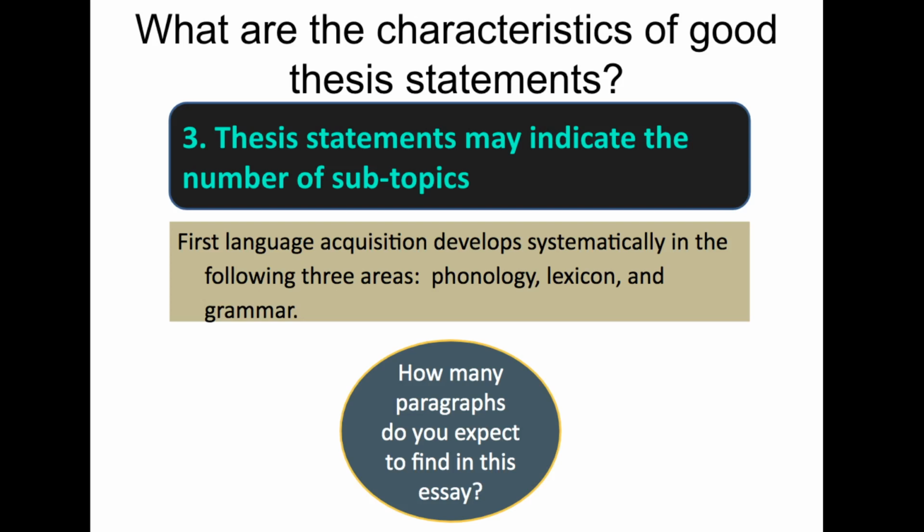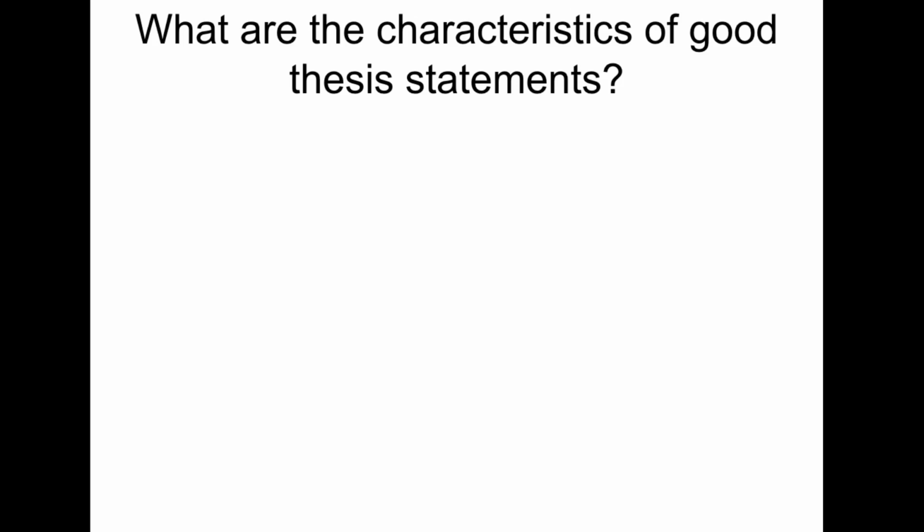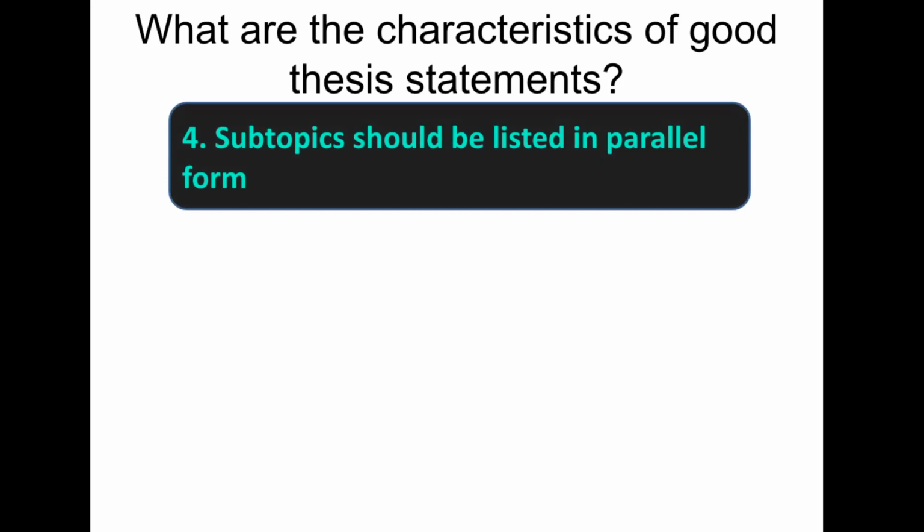And number three, grammar. So subtopics may be listed, or in fact should be listed, in parallel form. So we remember parallel form, noun, noun, noun, or gerund, gerund, gerund, or verb, verb, verb, whatever it is. It kind of doesn't matter which it is, but it's important that they stay the same.